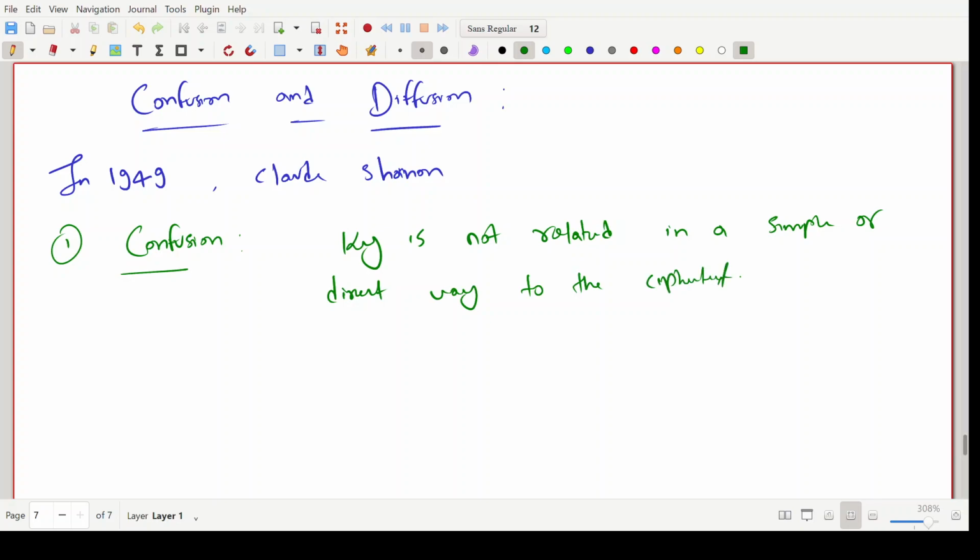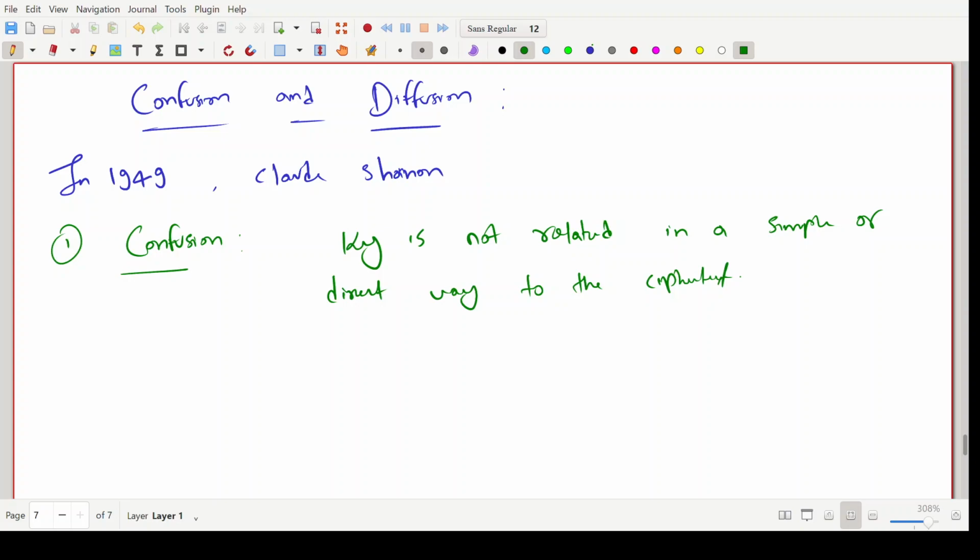Your key should not depend directly on the ciphertext. So if the confusion is high, then an attacker cannot extract information on the plain text from the distribution of ciphertext. Just by looking at the ciphertext, he cannot get any information on the key, so he cannot get anything on the plain text.